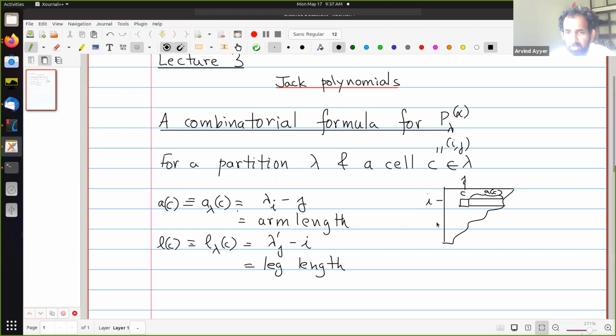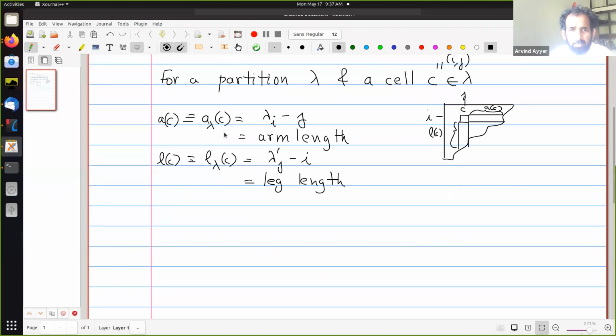Just to clarify, neither the arm nor the leg includes the cell itself. So A of C plus L of C plus 1 is the famous hook length.